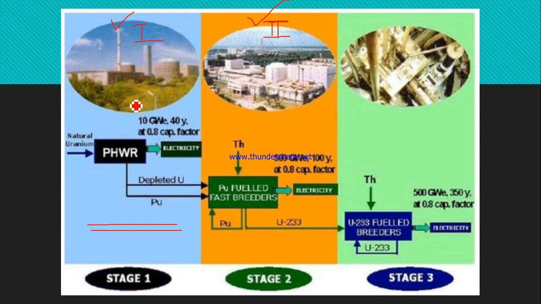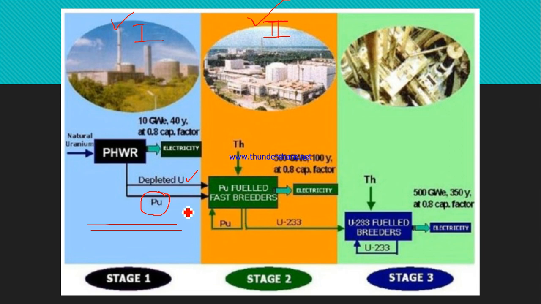So in the pressurized heavy water reactor, the uranium-235 will produce depleted uranium, used uranium, as well as plutonium-239. This plutonium-239 is also a fissile material that we will use in the breeder reactor.